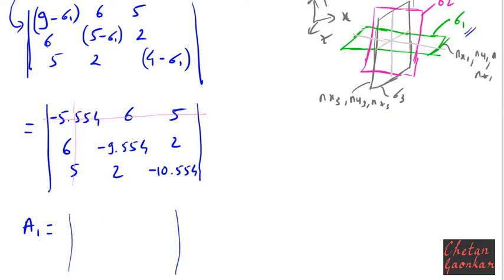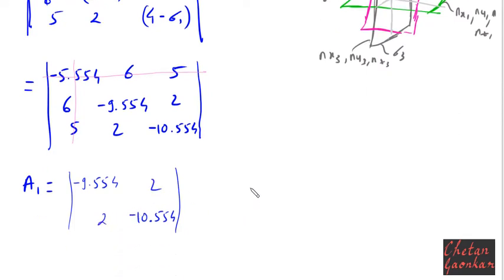The terms remaining after neglecting the first row and first column are minus 9.554, and I have here minus 10.554. These values will remain as they are. Now I need to find one more term, B1, and this B1 can be found by neglecting what now?